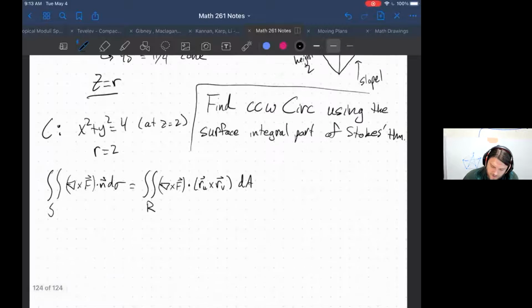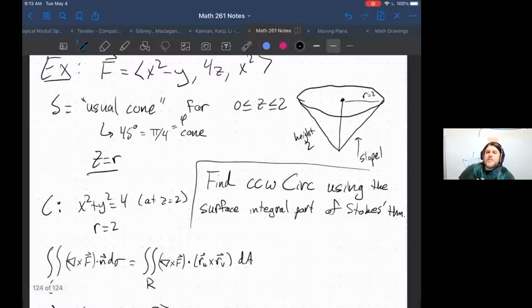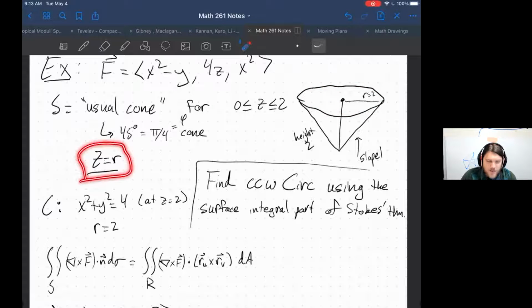So the next thing we need to do is parameterize our surface. We have R of blank, blank is equal to x, y, z. And given this information, looking at this cone, maybe x, y, z isn't the greatest thing because we have circles running around here. This cone, we know that z is already equal to r. So a nice coordinate system for this might be cylindrical coordinates.